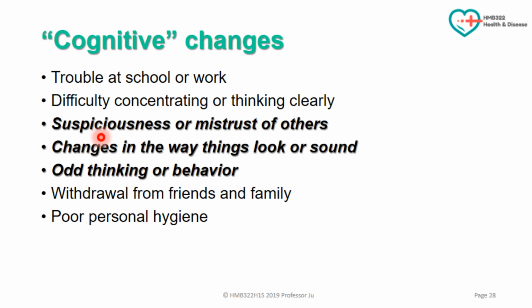So again, these cognitive changes, maybe not surprising. You might know individuals that have schizoid type disorders. There's usually trouble at school or at work. Again, not surprising, looking at the age range of individuals that are affected, that we would be looking at school or work.